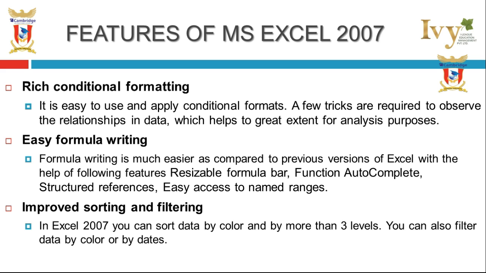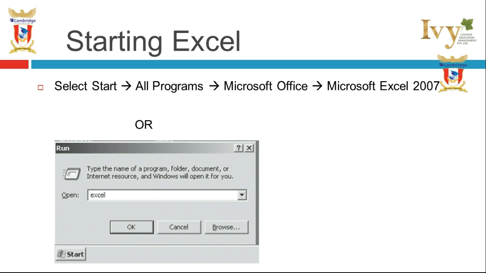In previous versions of Excel, we were able to sort or filter the data by name, or by numeric value like greater than, less than, a specified number. But in Excel 2007, you can also sort or filter the data by color or by dates.